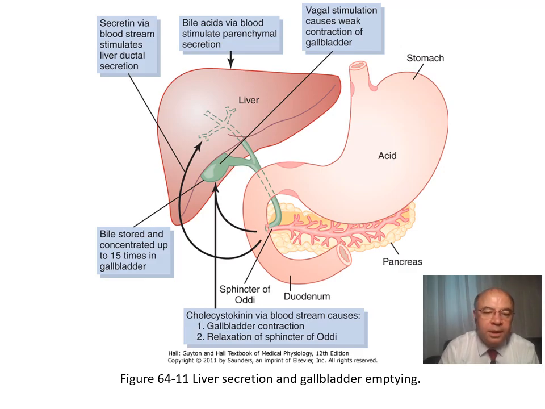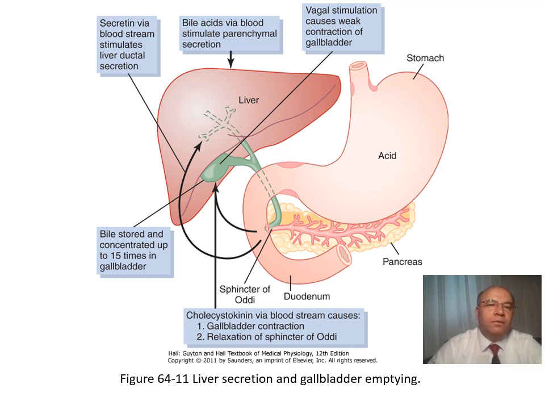So you see here liver secretion and gallbladder emptying. Vagal stimulation causes weak contraction of the gallbladder, but cholecystokinin released from the duodenum in the presence of fat contracts the gallbladder while it relaxes the sphincter of Oddi here.